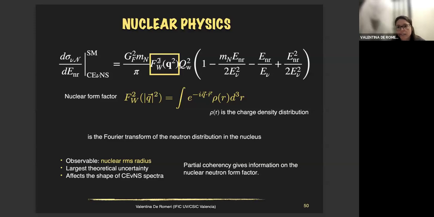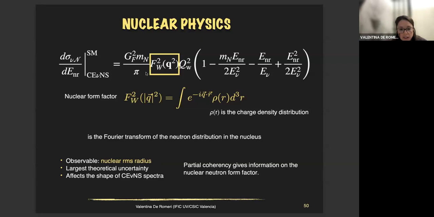Given the fact that, as I said before, the neutron contribution is more important than protons, basically we can say that the Fourier transform of the neutron distribution is the one that dominates. So the observable that we can extract from this is the neutron root mean square radius. And this is actually the largest theoretical uncertainty that affects the CEvNS cross-section at present.